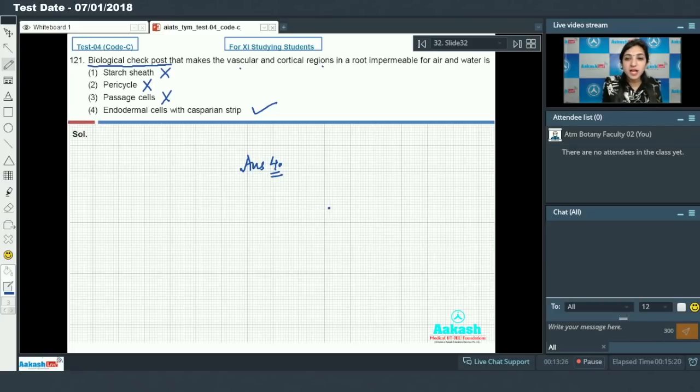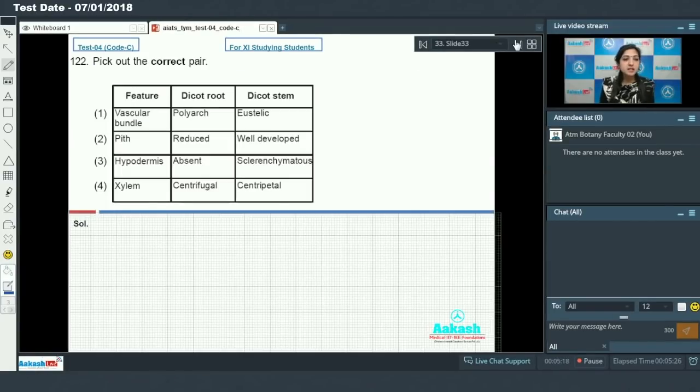Moving on to the next question, that is question number 122. Question number 122 says, pick out the correct pair. Certain features are given on the left hand side and you have to identify the features for dicot root and dicot stem. A, vascular bundle. Polyarch vascular bundle is found in dicot root?